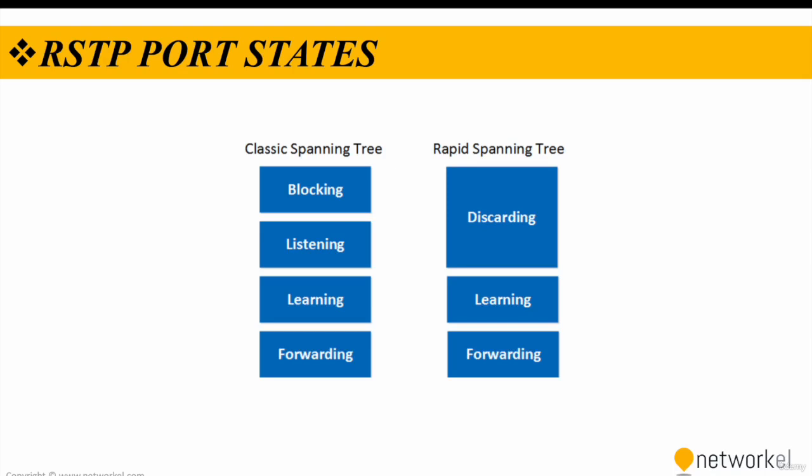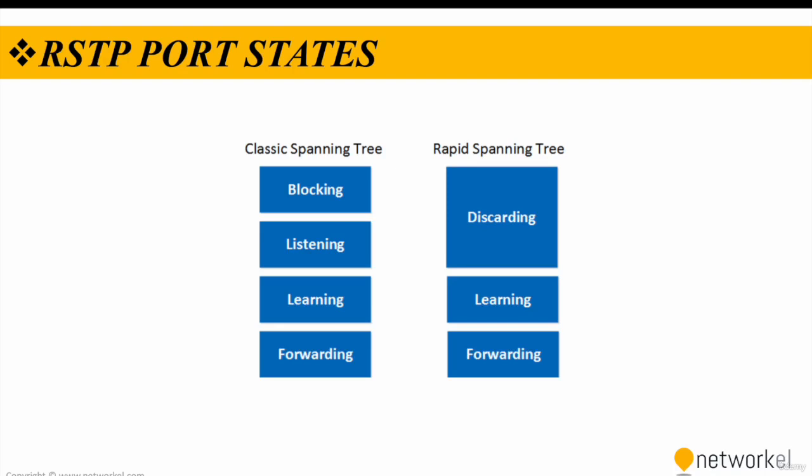First of all, we have the discarding port state, and that is the port does not forward traffic and does not learn any MAC address. So it is used for ports that are either not in use or are part of a redundant path that is not currently active. So it prevents loops by discarding frames and does not participate in frame forwarding or learning.